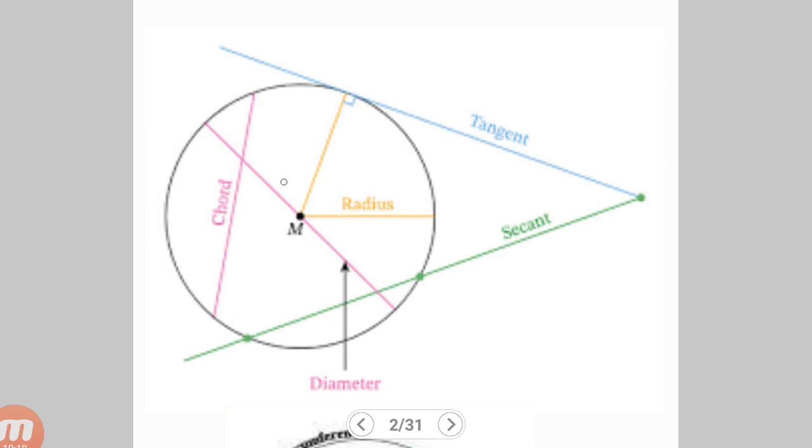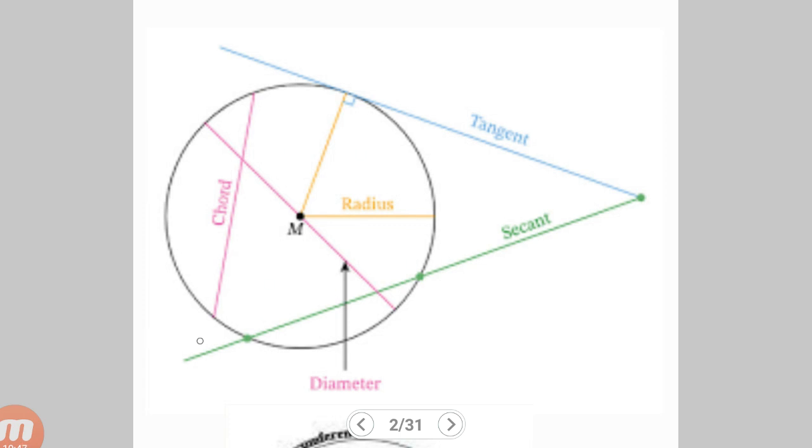Hence the diameter is just a chord that specifically goes through the center, but it's also a line that touches any two parts of the circumference. All right, and then now we have the tangent. The tangent is basically a line that comes here and touches the circumference, but it really doesn't cut it. It just passes through and goes on its way, and that's the tangent.